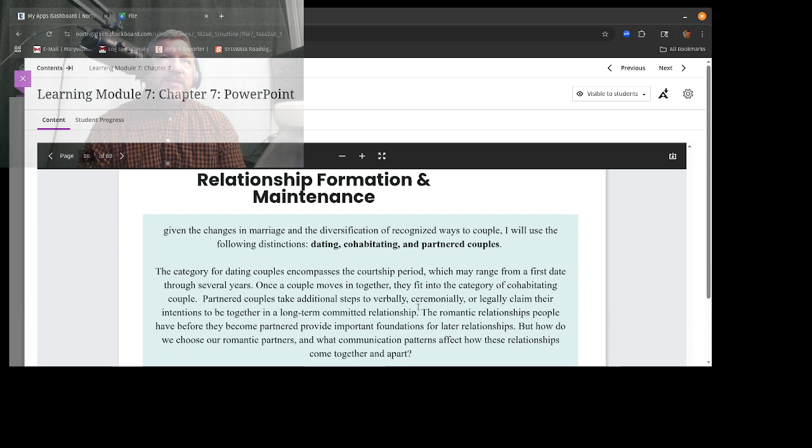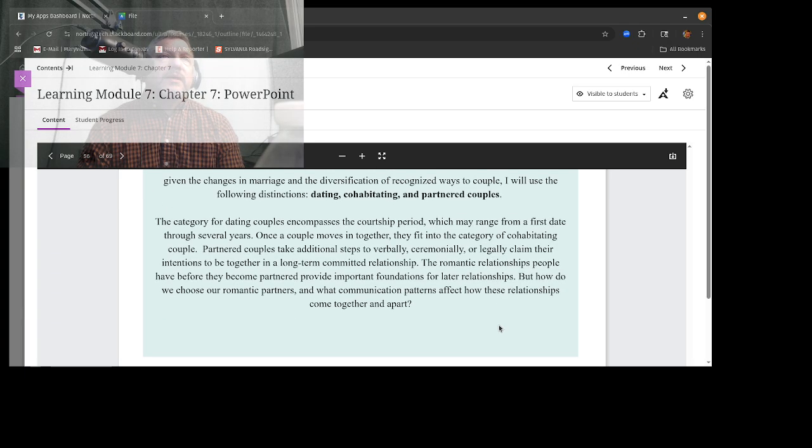When we think about the recent changes in marriage and the diversification in how couples are formed, I'll use the following distinctions: dating, cohabitating, and partnered couples. The dating category encompasses the beginning of a relationship, the courtship period, first date on.